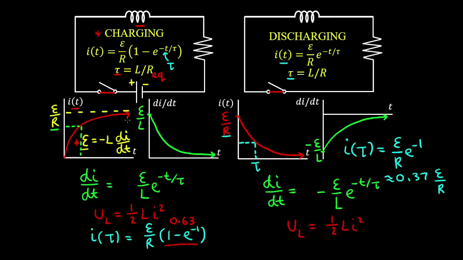And note that under steady state conditions, the change in current approaches zero in both cases. So therefore at a time much greater than the time constant of the circuit, the inductor behaves like a conducting wire with zero resistance.